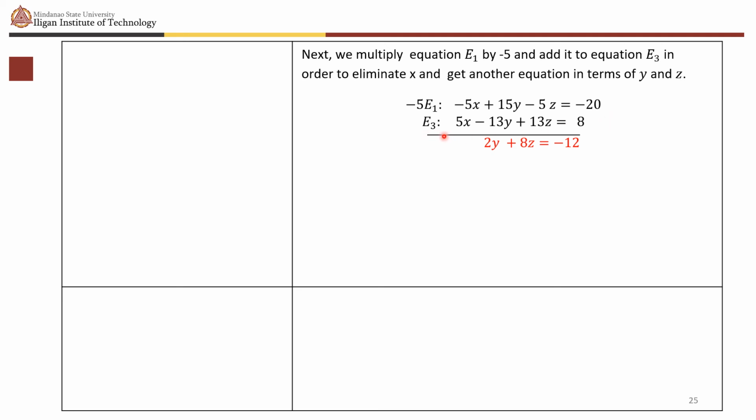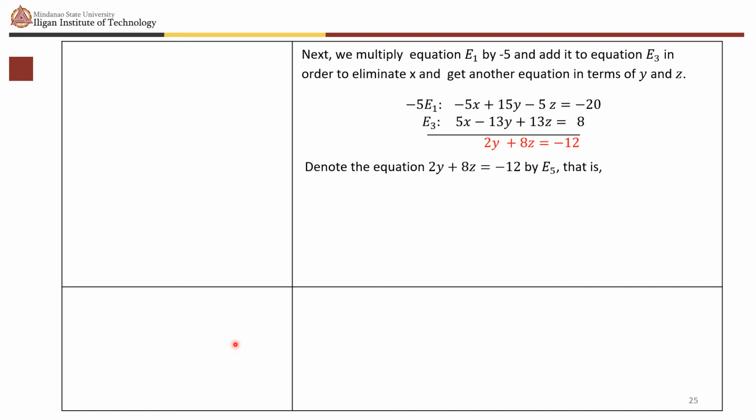And since our E3 is 5x minus 13y plus 13z is equal to 8, when we add, negative 5x with 5x is 0, 15y minus 13y is 2y, minus 5z plus 13z is 8z, and minus 20 plus 8 is equal to negative 12. Then denote the equation 2y plus 8z equals negative 12 by E5.